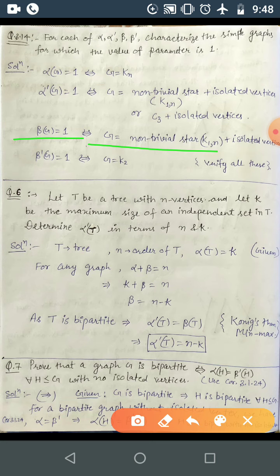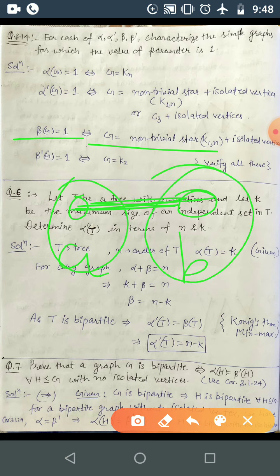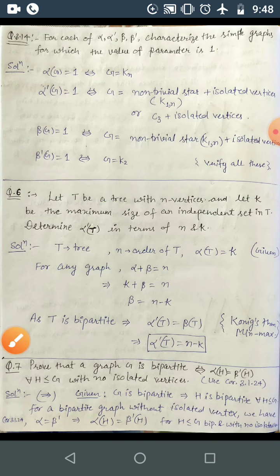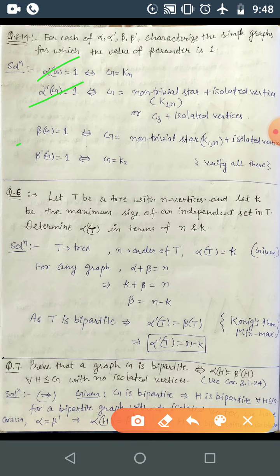Okay, now beta dash is 1. Beta dash is 1 means the edge cover is 1. One edge can cover only 2 vertices, that we already know, correct. One edge covers 2 vertices, that is its endpoints. So the only possibility for this graph is K2, one edge with 2 vertices. We have taken these as 1 and proved that this should be equal to this one.